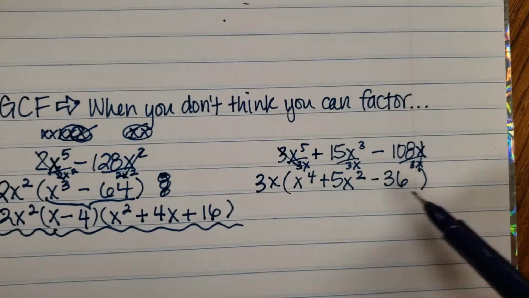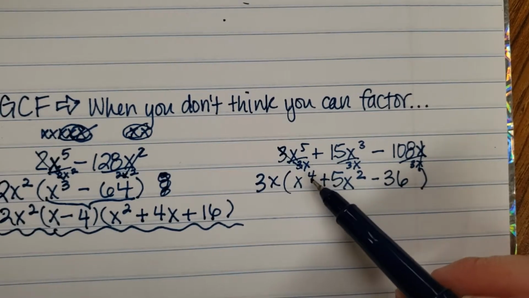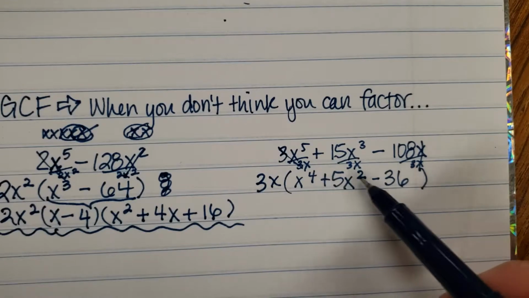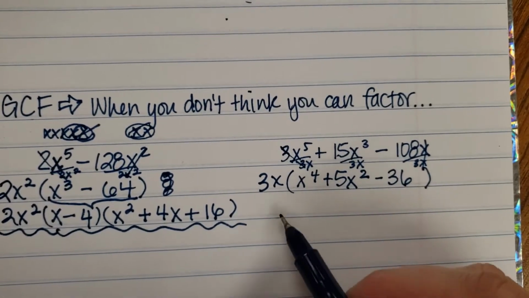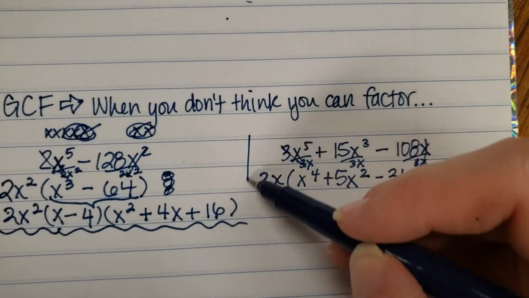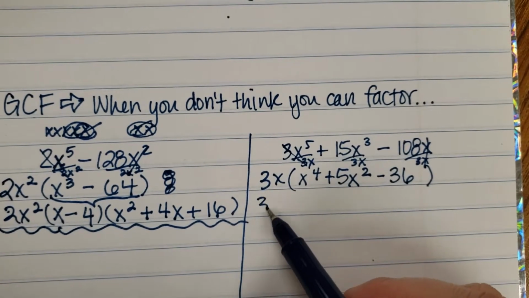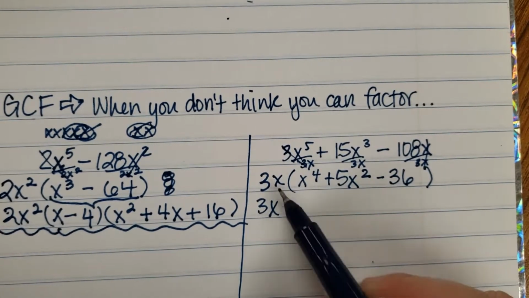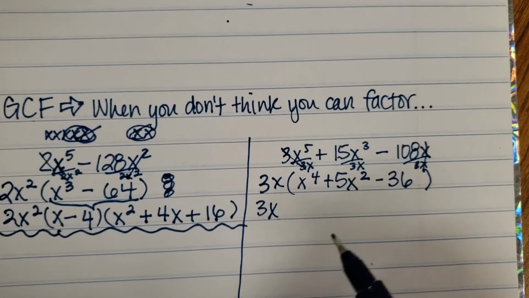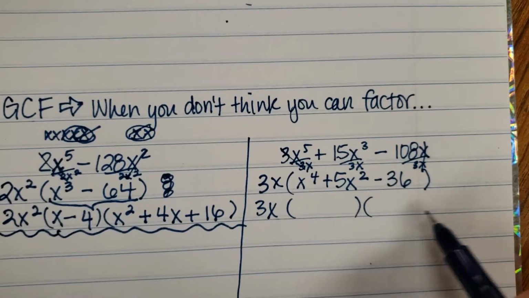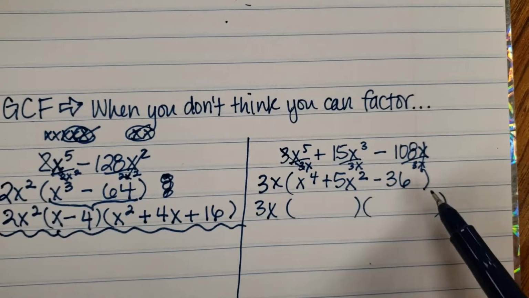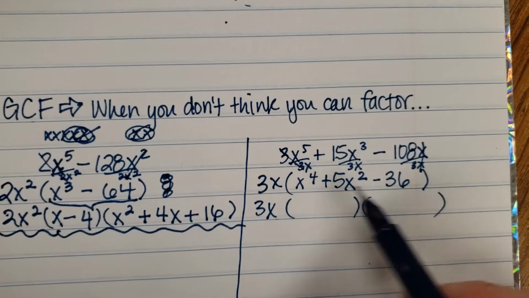So now I have a trinomial with an even degree. The middle exponent is half of that degree. So this would follow our quadratic trinomial pattern. Just whatever your GCF is, have it in the front of every step you do. So I should be able to factor this like a quadratic trinomial.